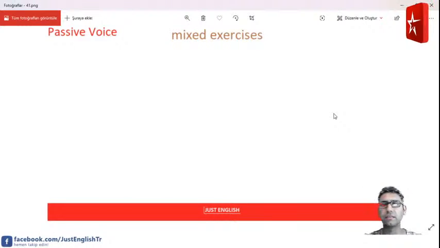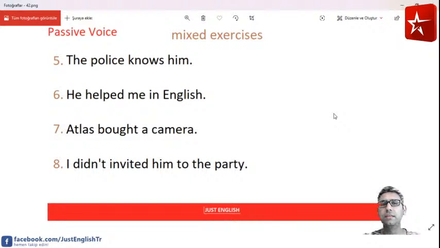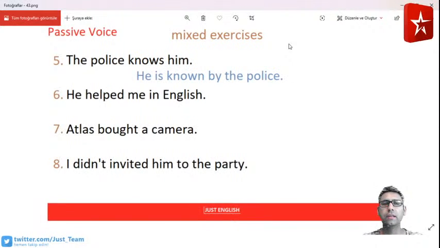Mixed exercises. The police knows him. So him would be the passive subject. The police knows him. That would be he is known by the police.